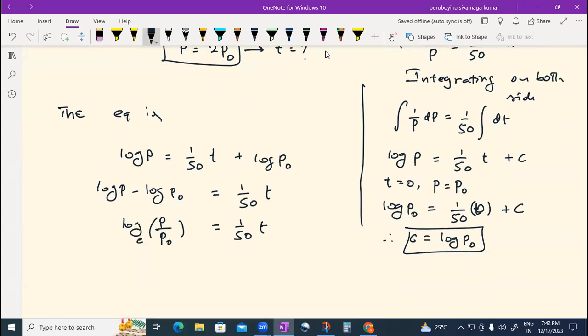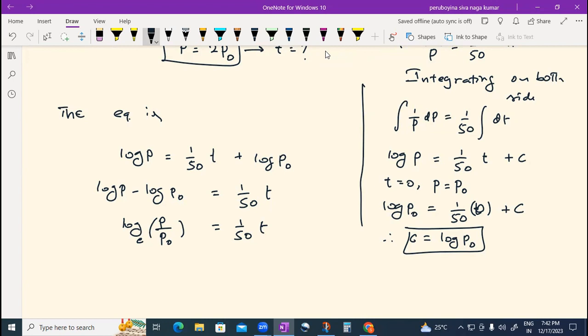Actually, this is log base e. We want the time now, so we will do one thing: in this equation we can remove the logarithm.